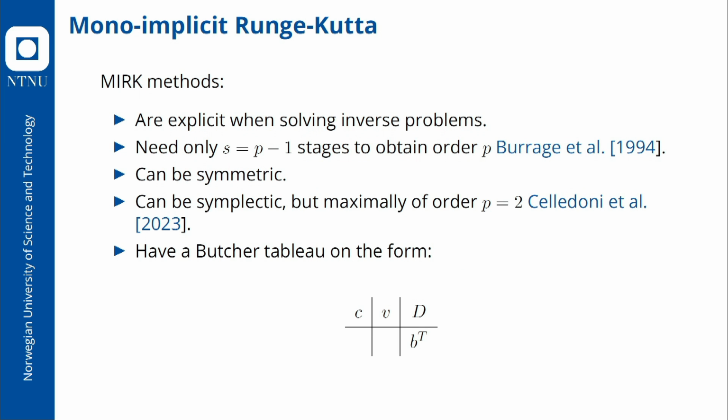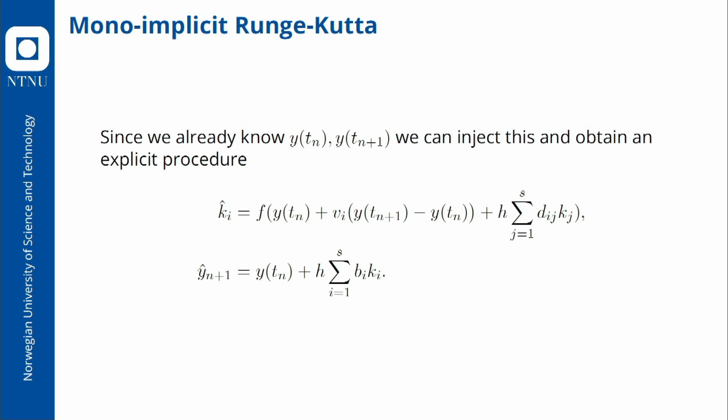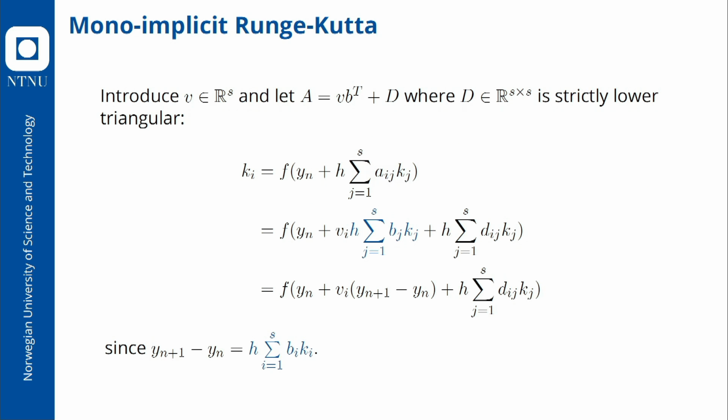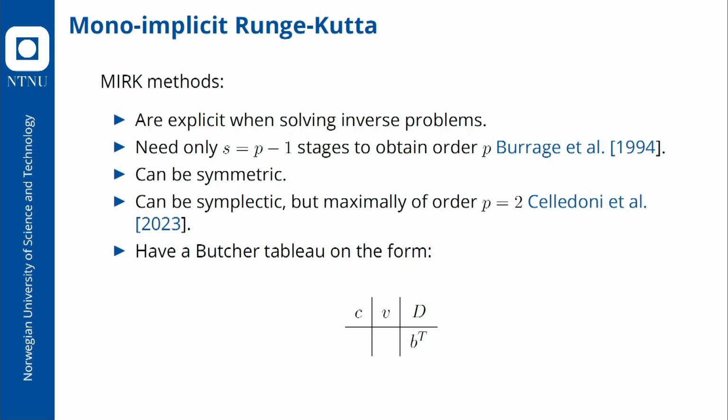These methods, the MIRK methods, are a larger class than the explicit Runge-Kutta methods when we consider explicit methods for initial value problems, because we can include this part here, not just the strictly lower triangular part. So we have greater freedom to choose methods, and we can have higher order with fewer stages, which again means more computationally efficient methods.